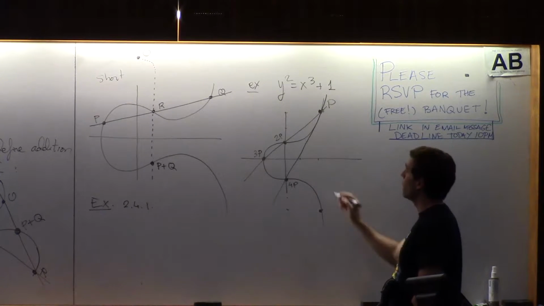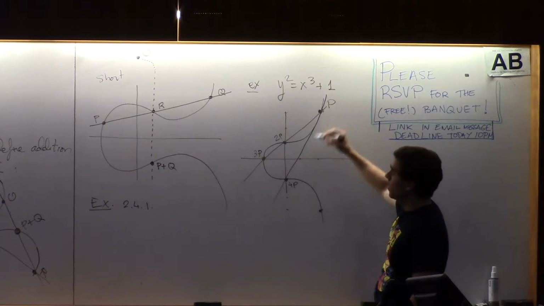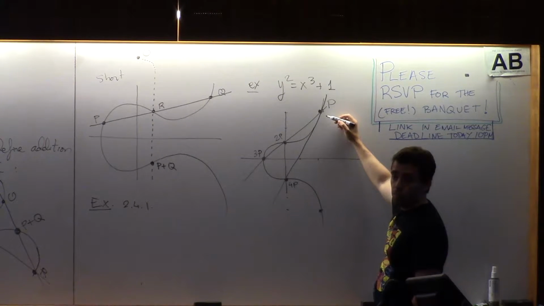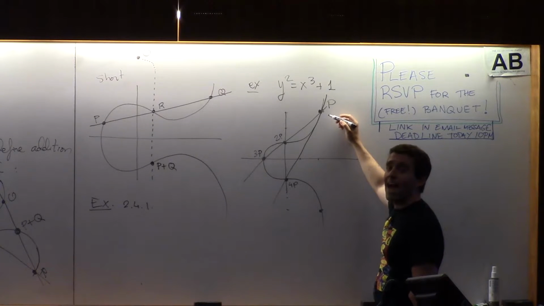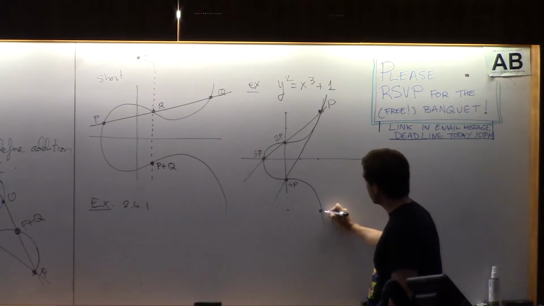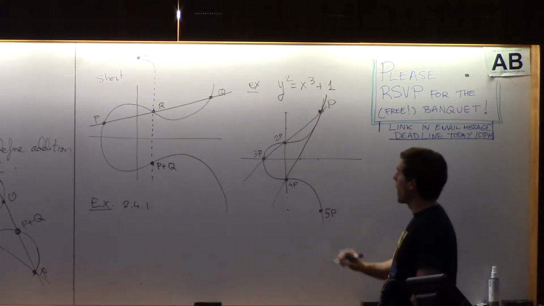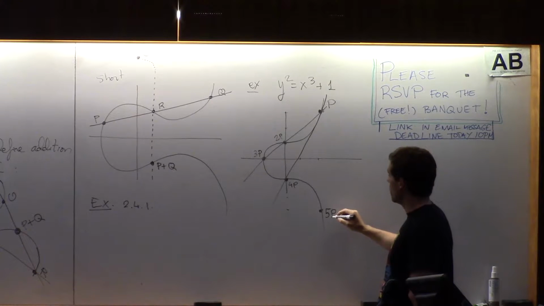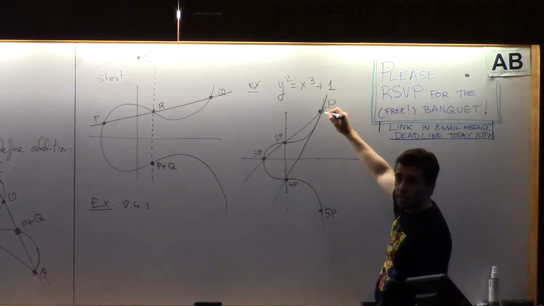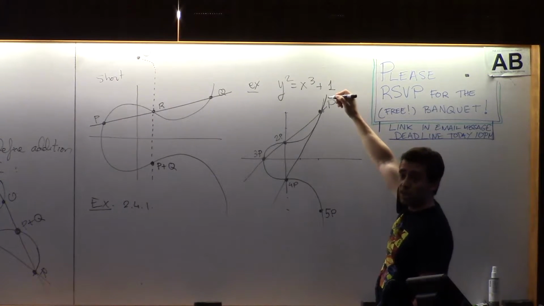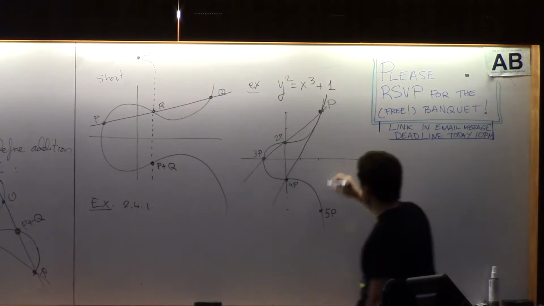And now 4P and P, the line that goes through 4P and P goes through the curve at another time at P again. So that's P is my R in this case. And here would be 5P. And now I do 5P and P. The third point of intersection is O. Okay?